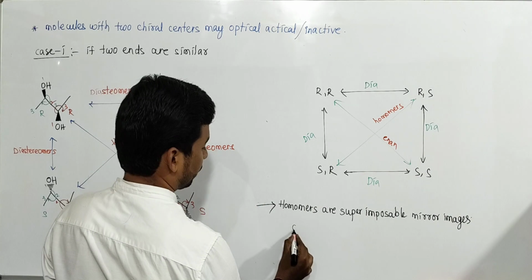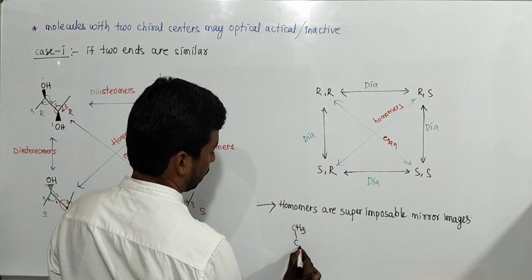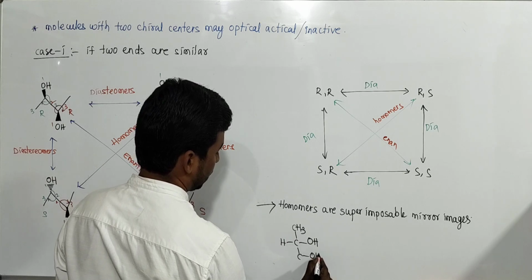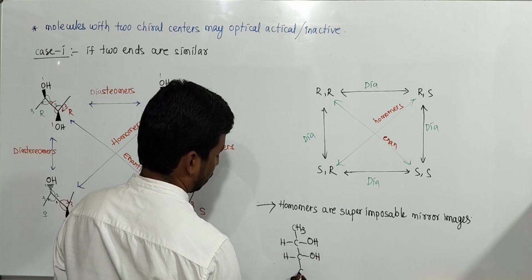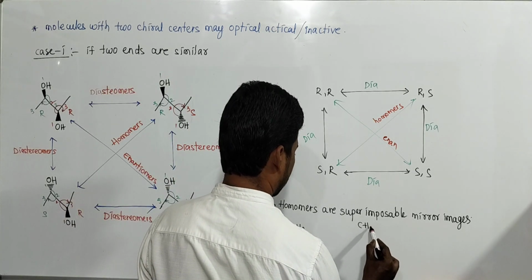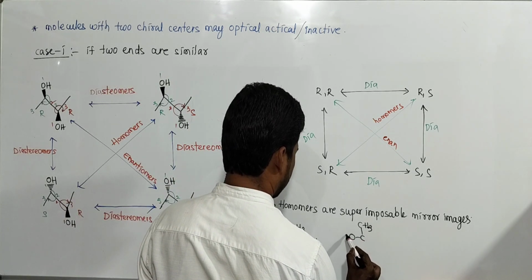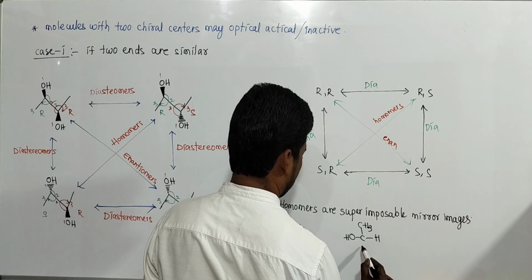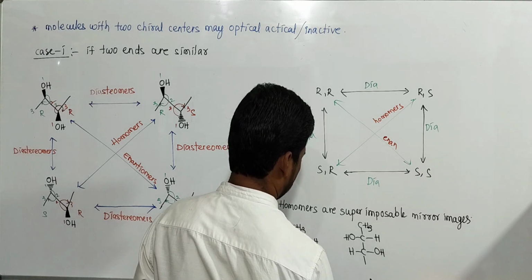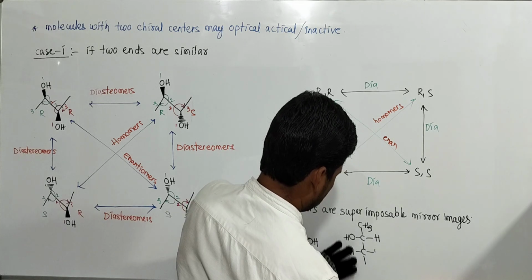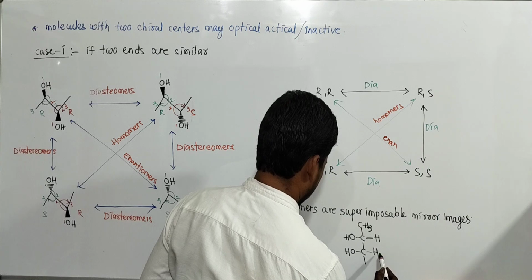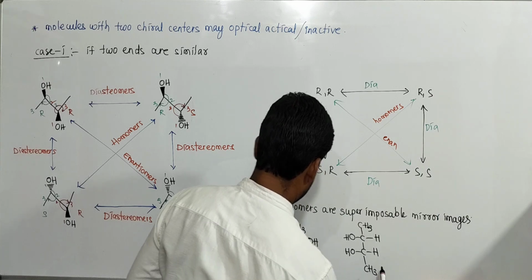So like this: CH3, OH, H, OH, H, CH3, meso compound. The other is CH3, OH, H here, OH here, H here, OH here, H here, CH3.